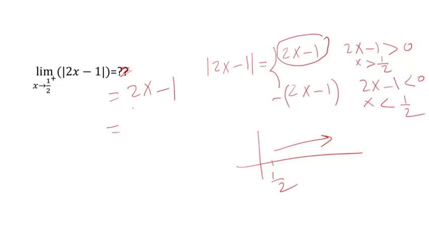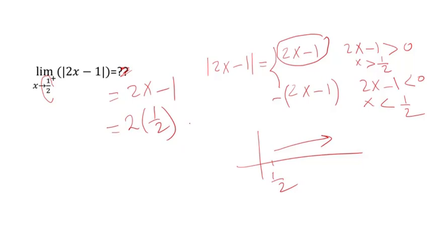So then just replace x with 1/2. For now, the plus doesn't matter, but in other cases, it will matter. Because if you get 0, is it 0 minus or 0 positive? That will determine if it's negative infinity or infinity.